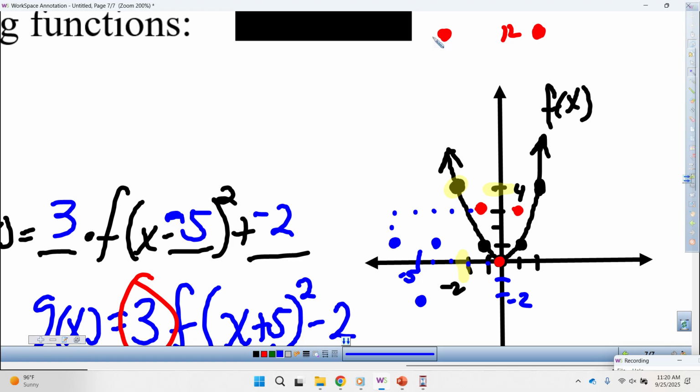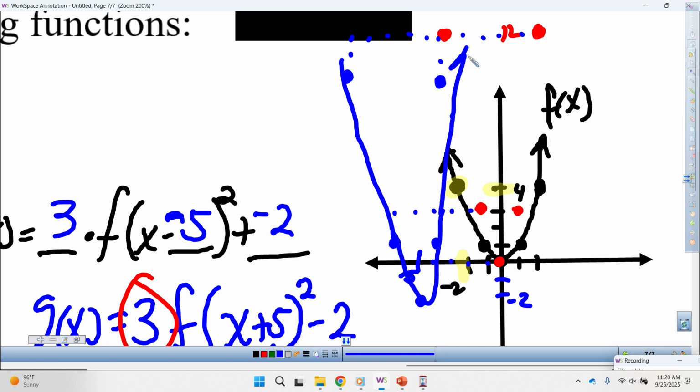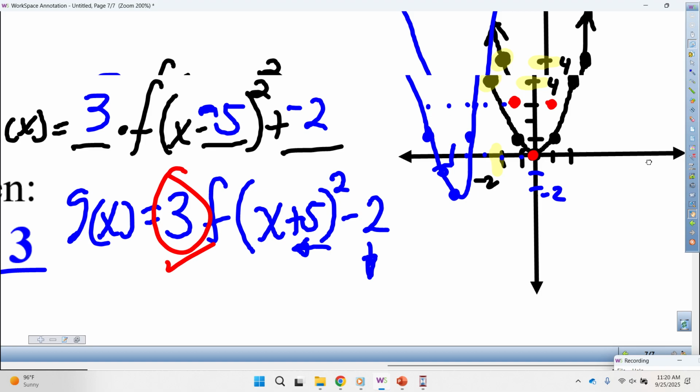And these, 1, 2, 3, 4, 5, 2 down. A little bit off, but you get the idea. That is our g of x. All right.